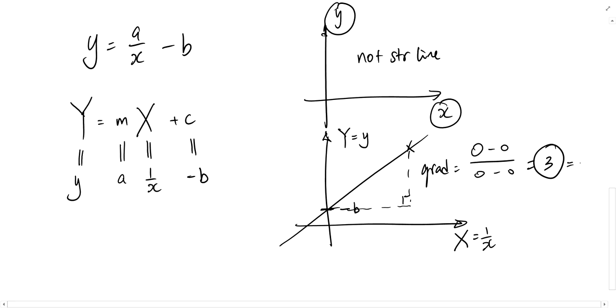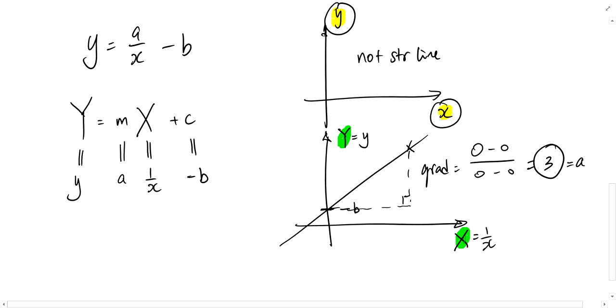This represents A, which is in this case M. Understand how it works? So you must know the difference between the axes. This is small y, small x. However, on the other side, this will be our big Y, which happens to be small y, and our big X, which in this case will be 1 over x.